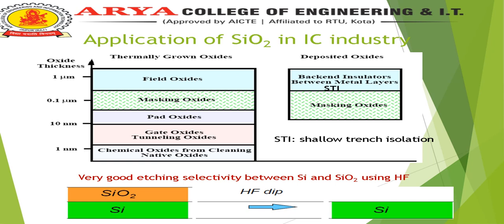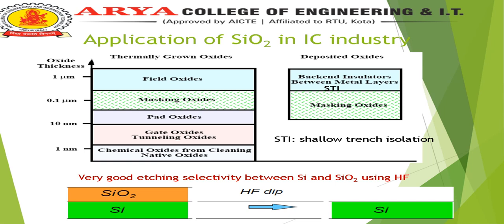Now, applications of silicon dioxide in the IC industry. These include field oxide, masking oxide, pad oxide, gate oxide and chemical oxide. These are the practical applications where we can use a thermally grown silicon dioxide layer. This shows a 1 micrometer silicon field oxide, 0.1 micrometer masking oxide, 10 nanometer pad oxide, and 1 nanometer chemical oxide from cleaning native oxides.